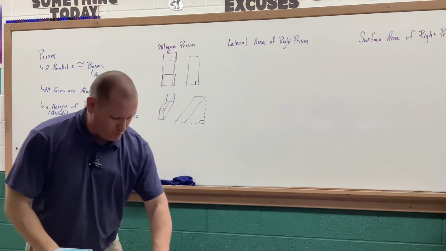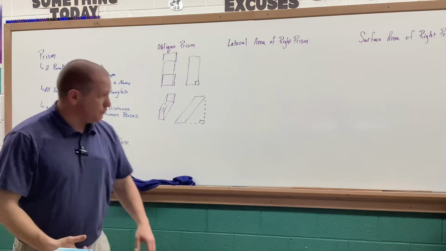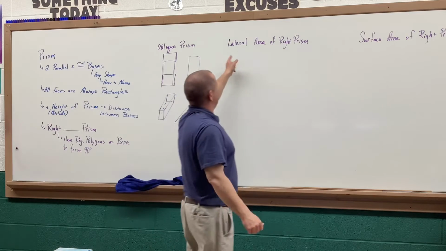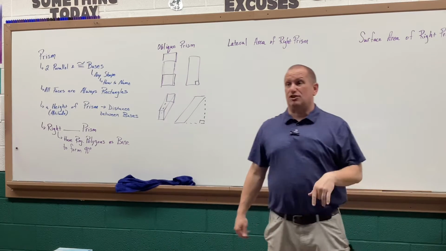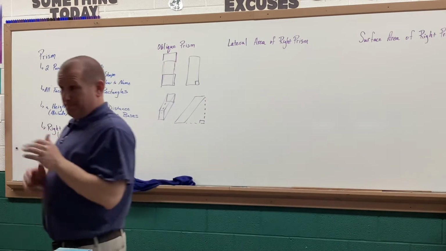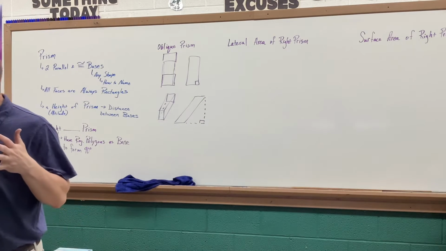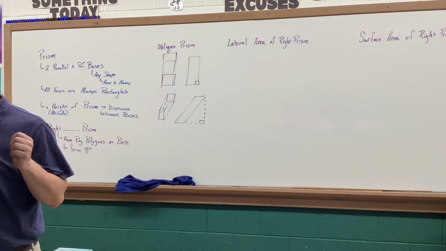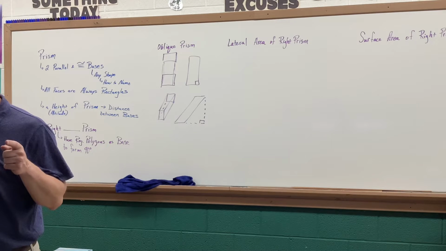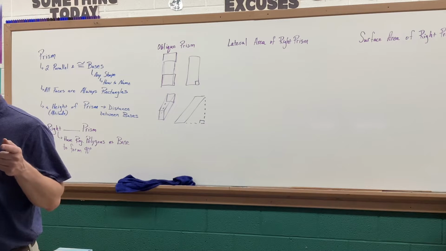When we talk about a right prism, again, we want that perfect one, but what's the difference between the lateral area and the surface area? Surface area is like you take the area of all the shapes on the 3D object. Lateral area is the sum of the areas of the lateral faces. What's that mean?